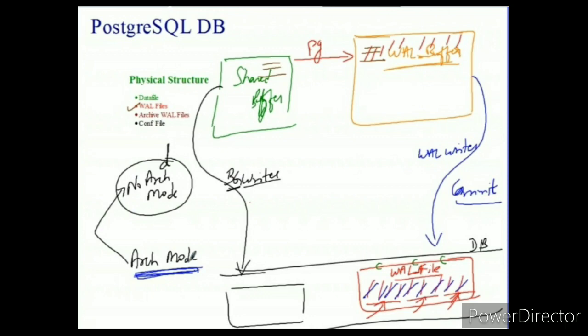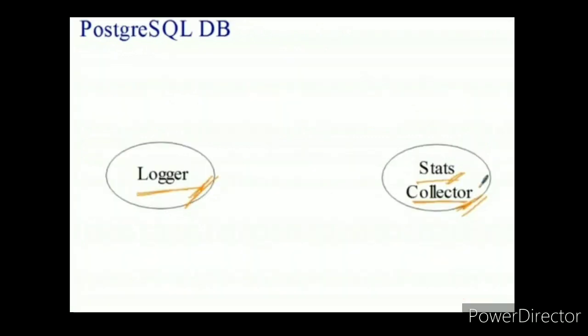If we never enable archive log mode, those WAL files are written again and again on the same file. But in real time, we should enable the archive log mode. Then only that information will be maintained in archive logs. Through those archive logs, we can build the hot standby or replication.